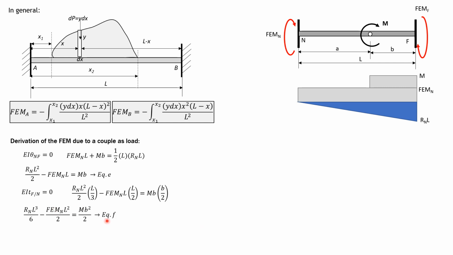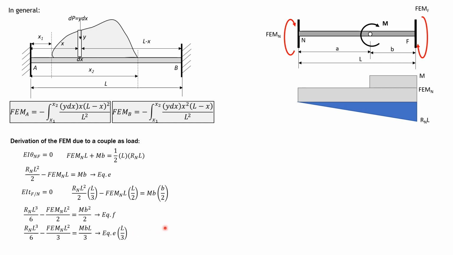That's equation F. So that we can eliminate RnL cubed over 6, we multiply equation A by L over 3. So it becomes RnL cubed over 6 minus fixed moment L squared over 3, then equals MBL over 3.